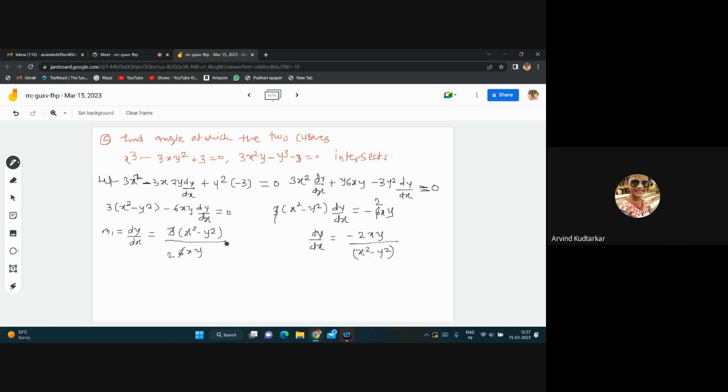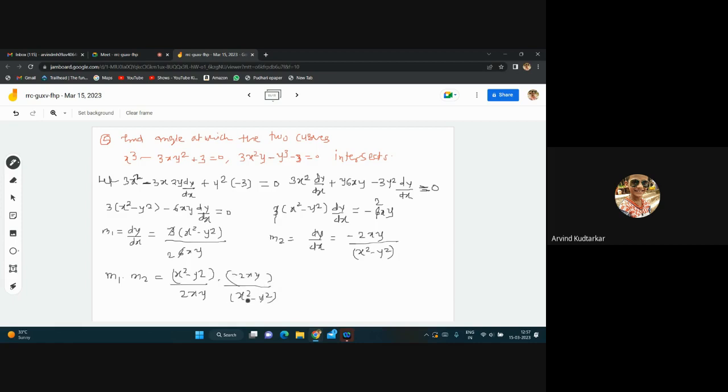So what is this? The slope of the second curve, M2. What is the product of their slopes, M1 into M2? That is x square minus y square upon 2xy into minus 2xy upon x square minus y square.